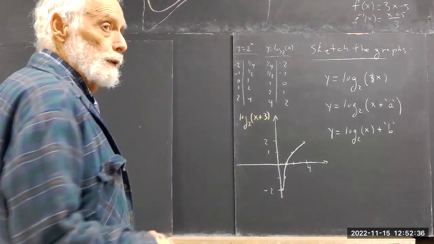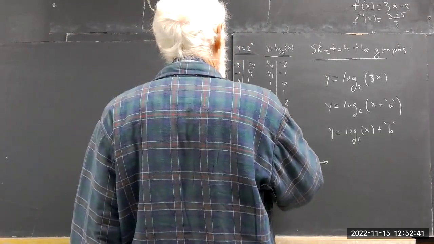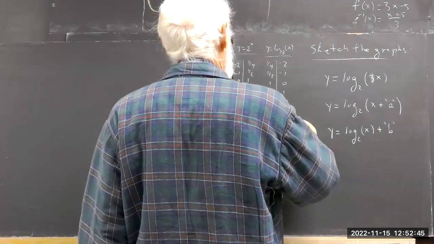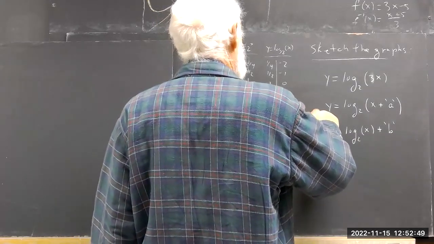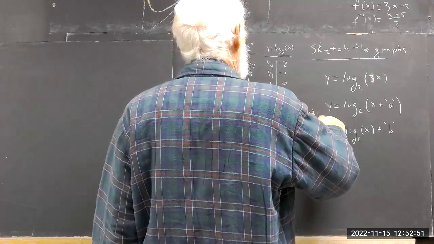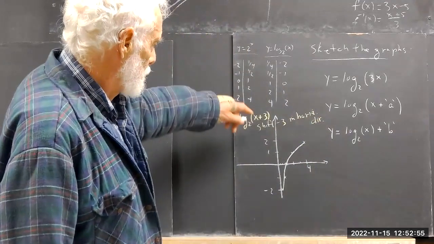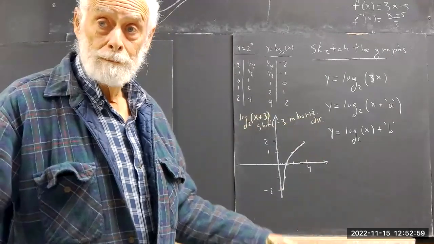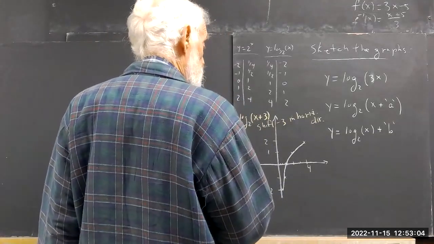You shift it 3 units to the left. I kind of abbreviated that, didn't write it real carefully. I say you shift -3 in the horizontal direction. And that means every point moves over 3 units.